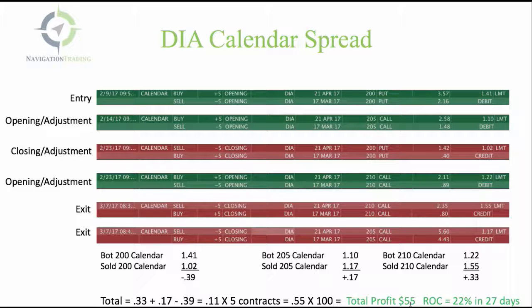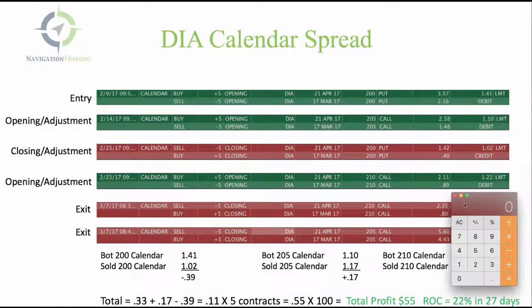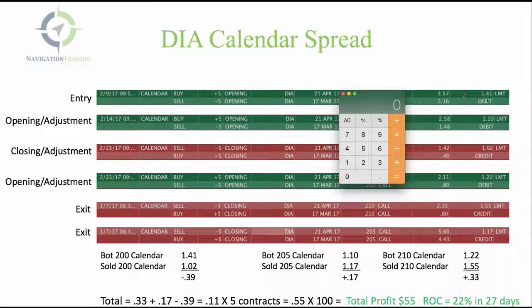And when you look at this from a return on capital standpoint, the ROC, essentially we made 22% on the trade in 27 days. And to calculate the return on capital, I'll just bring out my little calculator here. You can see the total risk that we had in the trade was initially $1.41, and then we added a second calendar.